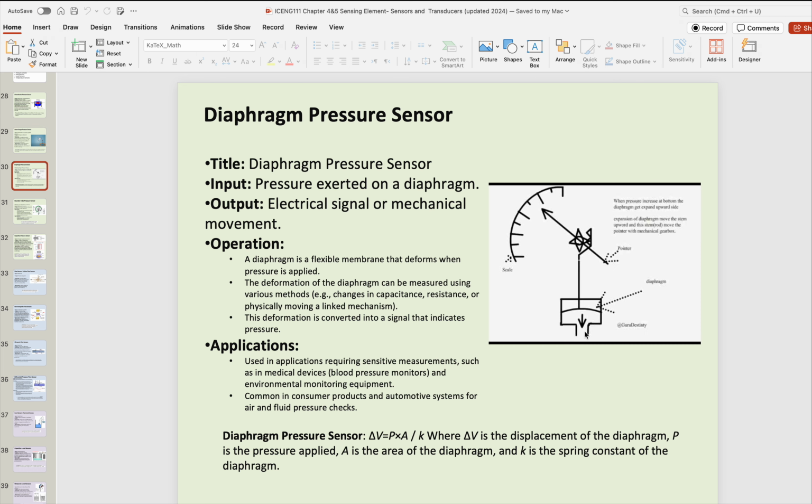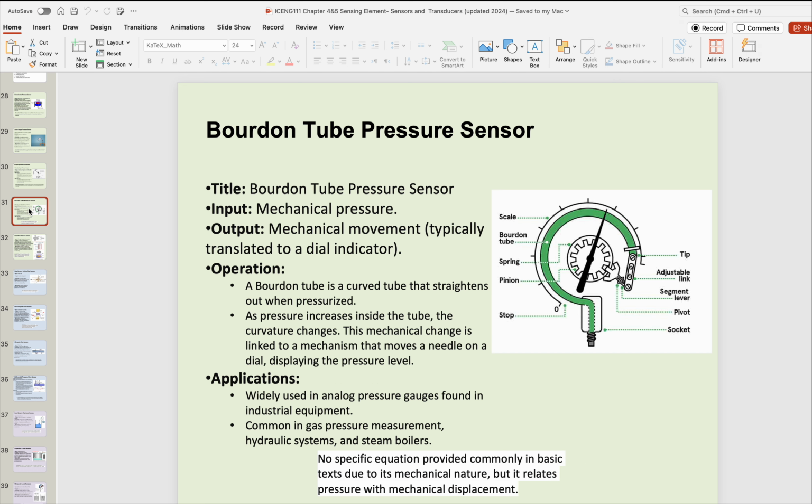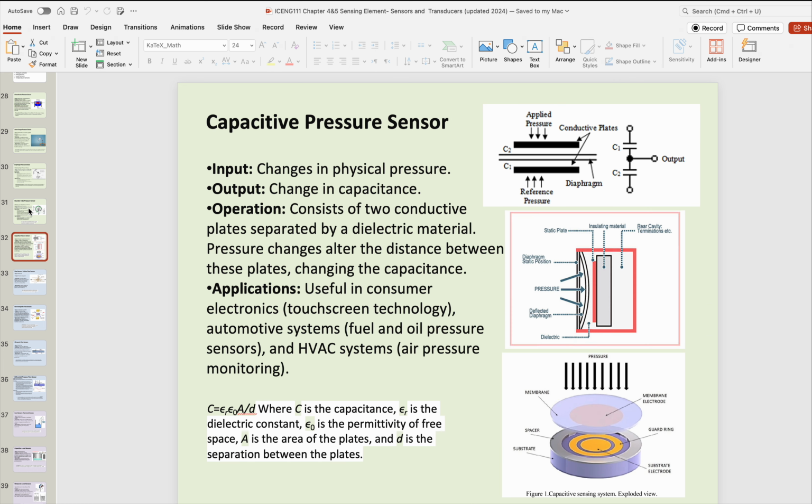The diaphragm, something easy, yes, because you're going to have a pressure that comes out of that reactor and pushes it on a meter here. So these are all ideas. Bourdon tube is a possible answer, but it will have hysteresis. Now capacitive, we don't know what kind of reaction it is, if it's going to be affected by the charges, because having charges with a reaction could be a problem, so we need to be careful.